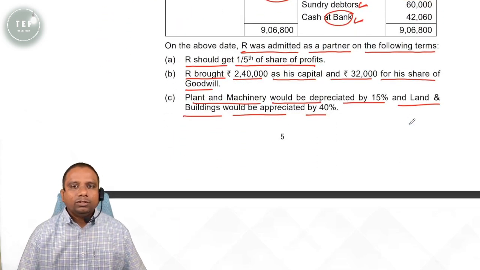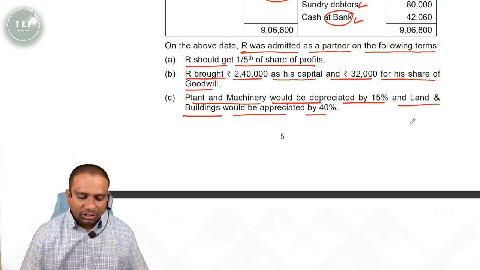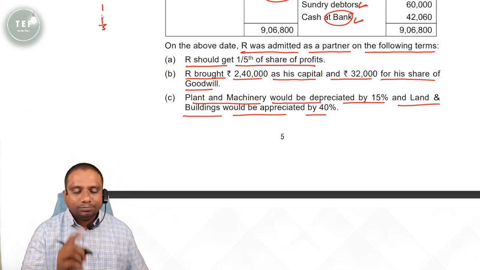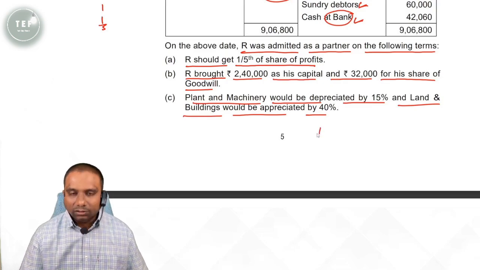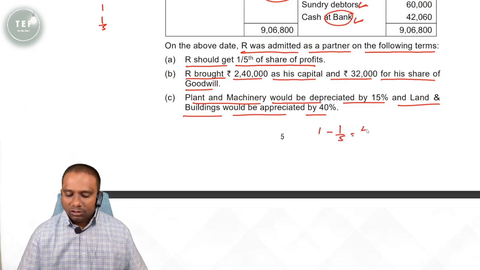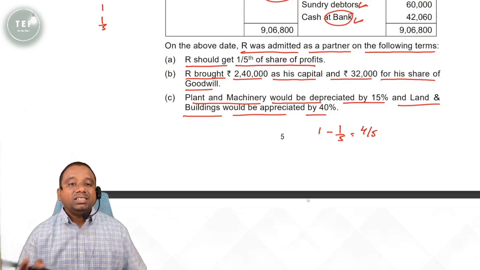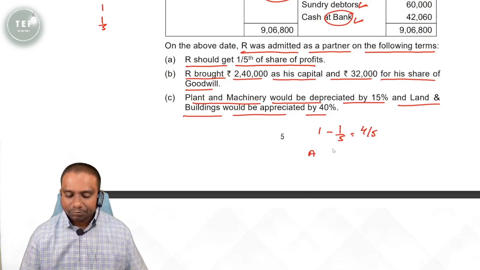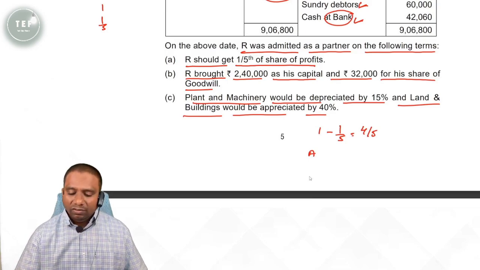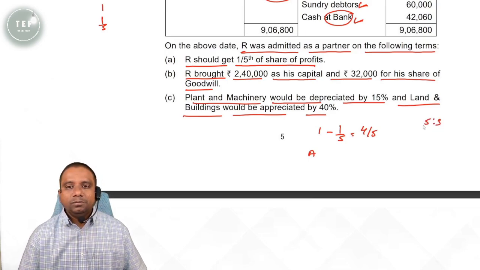R will get 1/5 profit. Here calculate new profit sharing ratio. R will get 1/5. Let the total share be 1, minus how much R is getting, 1 by 5. What is the remaining share? 4 by 5. This is taken by whom? P and Q, in their old profit sharing ratio.